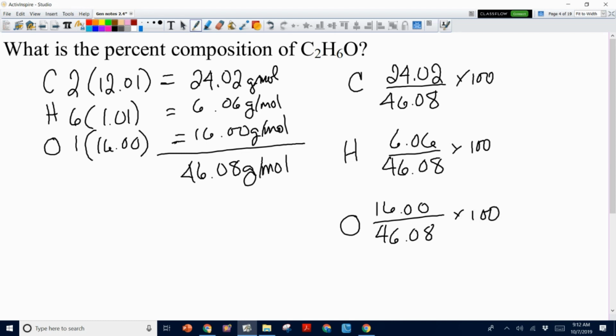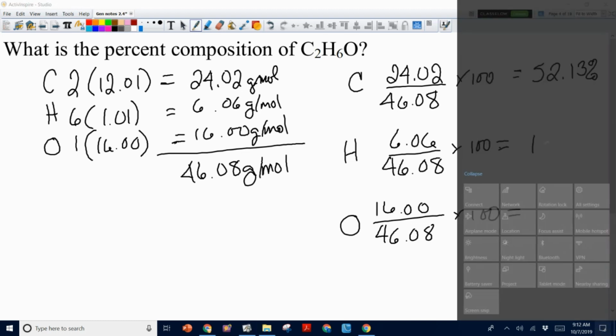So 24.02 divided by 46.08 times 100, 52.13. And then 6.06 divided by 46.08, and that's going to be 13.15.